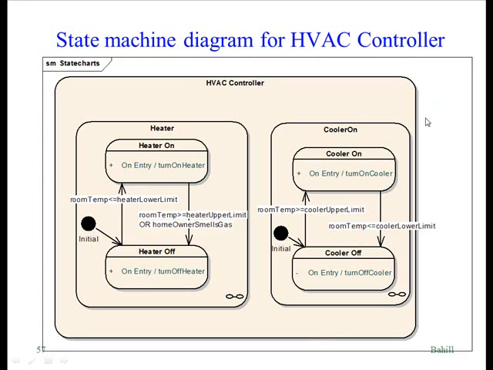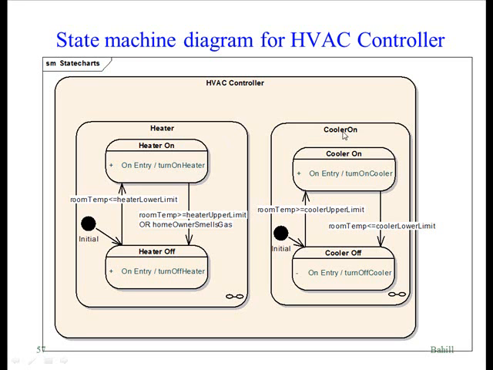State transition diagrams, we've done these a lot so far, so I don't need to say much here. This one is very simple. This is a state machine diagram or state chart. In this case, they only captured, they call this the HVAC controller, but they only captured the heater and, I think, the evaporative cooler.